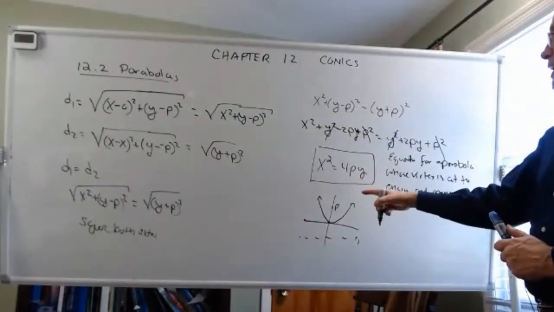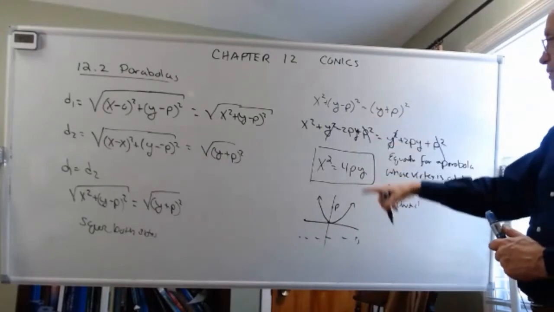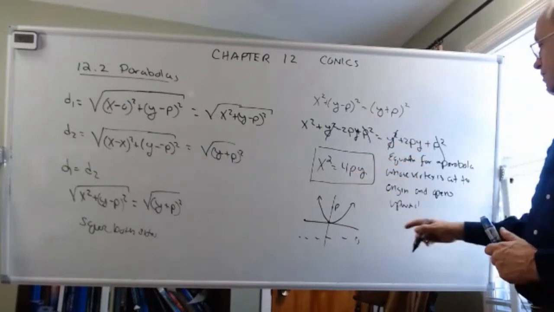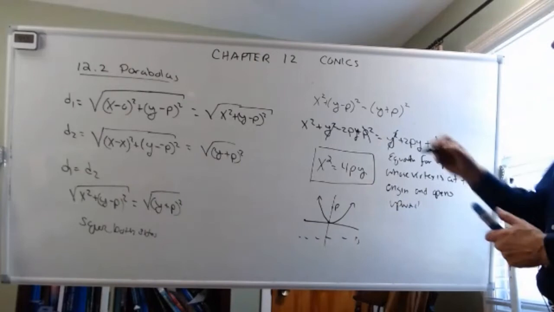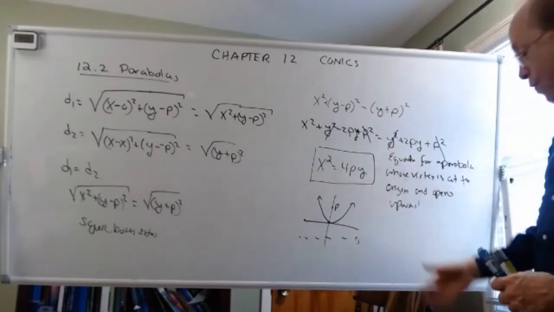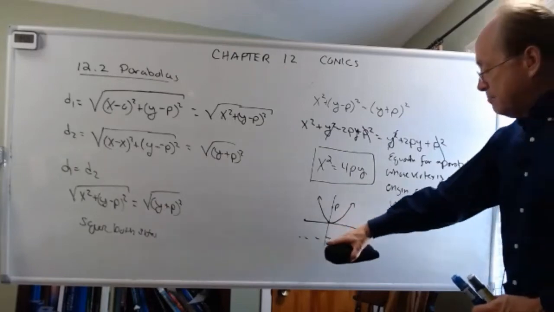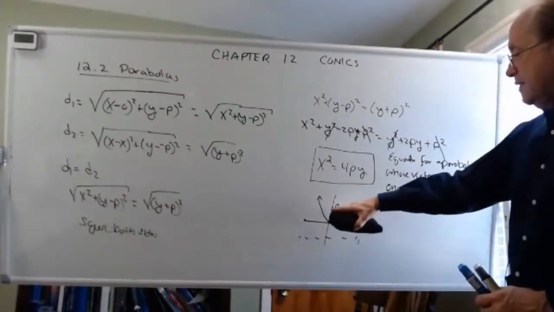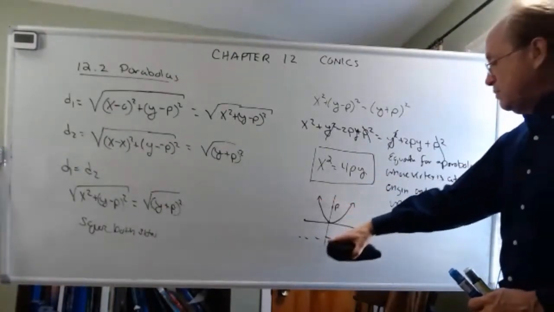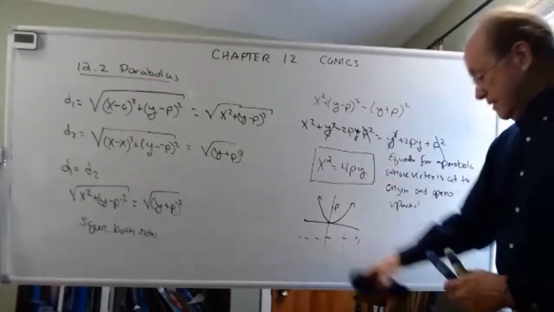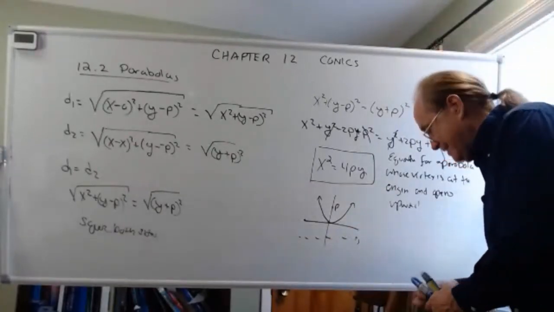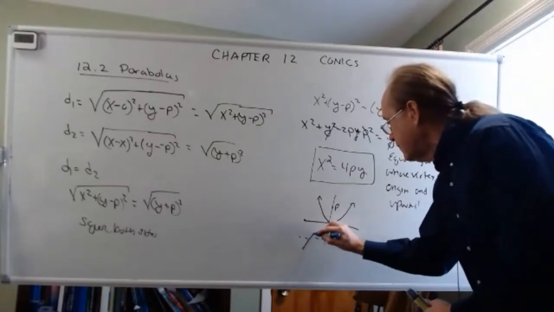If we were looking for one that opens downward, well, then we would shift over here, and this would turn the other way. So if I wanted the algebraic form for a parabola that opens downward, then my focus p would be here, and my directrix would be at negative p, and I'd be looking at something that opens downward over here.